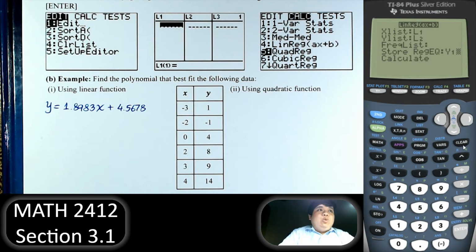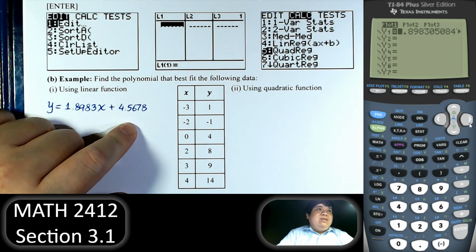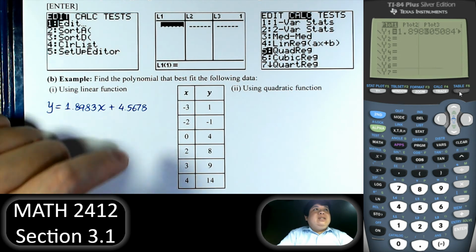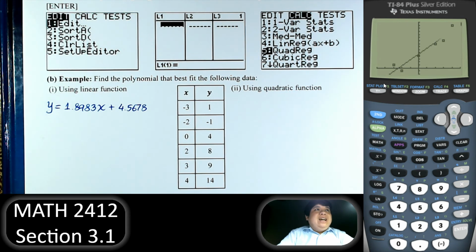So we store that into Y1, and we calculate. We have the equation. Now when we hit y equals, Y1 is the equation that we have. Now if we graph it, you see we have those points, and this line is the best fit line that goes through. So the distance to all those points will be the smallest; this is the line that will be closest to all the points.